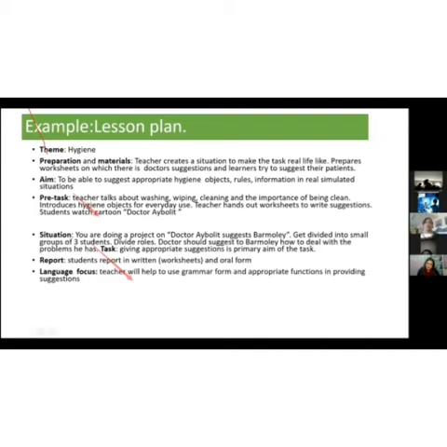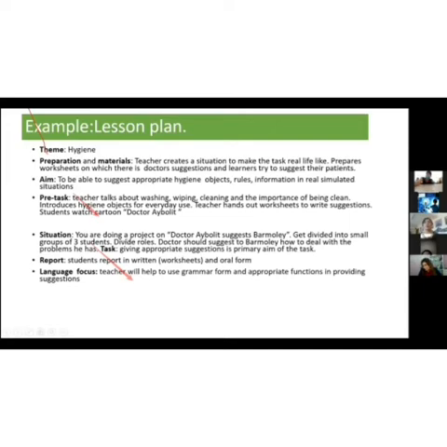In the pre-task, the teacher talks about washing, wiping, cleaning, and the importance of being clean. Introduces hygiene objects for everyday use. The teacher hands out worksheets to write suggestions, and teachers can offer to watch a cartoon. In my case, it is Dr. Ibelis, and in the situation, the teacher can explain the situation in this way.